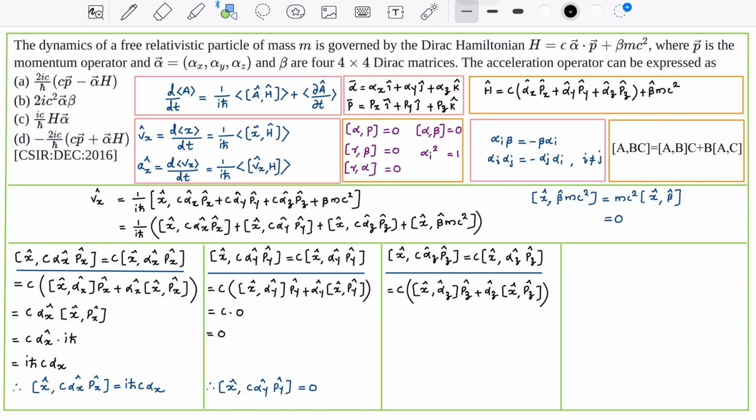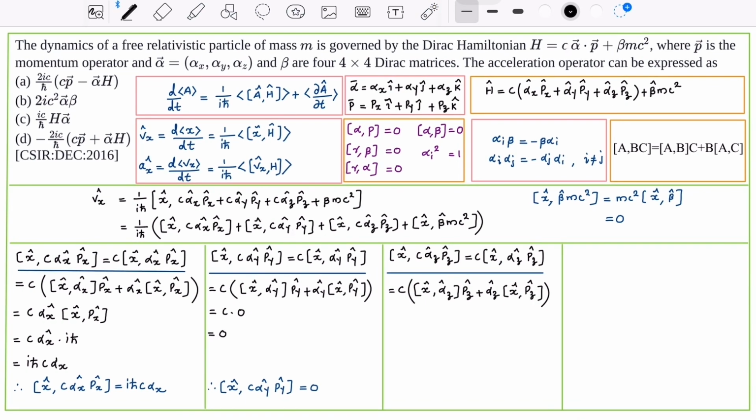We have again the commutator of r and α equal to 0. Therefore, the commutator of x and αz is equal to 0. Already we know that the commutator of x and pz is 0. Hence the value of the commutator is 0. That is, the third term in the velocity operator is also 0.